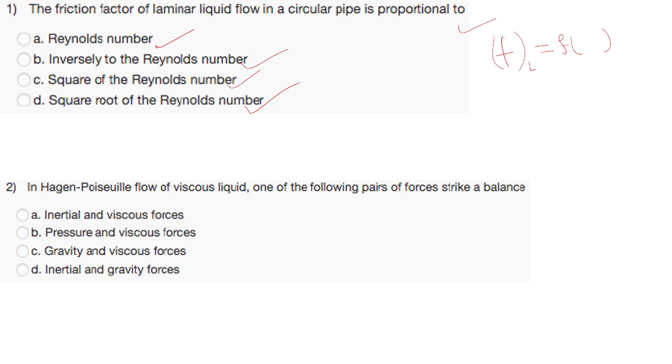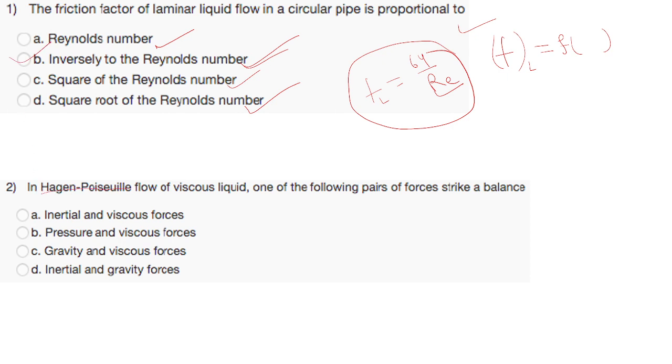In the case of laminar flow, the friction factor is 64 by Re, so it depends only on Re, and is inversely proportional to the Reynolds number. So option B is correct.